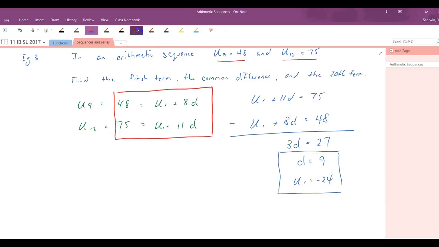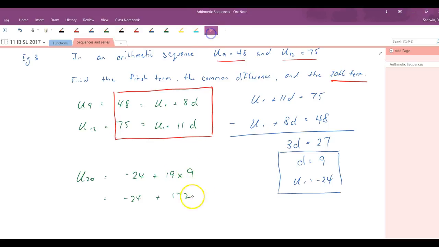Now, what is the 20th term? So now with that information, we're going to find out what U20 is. And U20 is U1, minus 24, plus 20 minus 1, so 19, times the common difference of 9. So minus 24 plus 19 nines. 10 nines are 90, and 9 nines are 81.